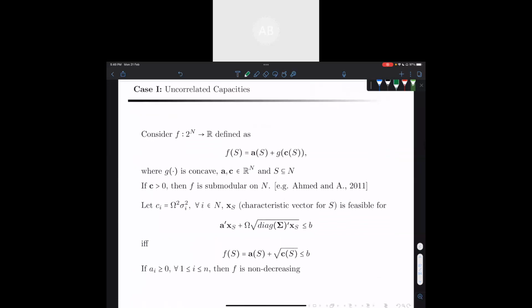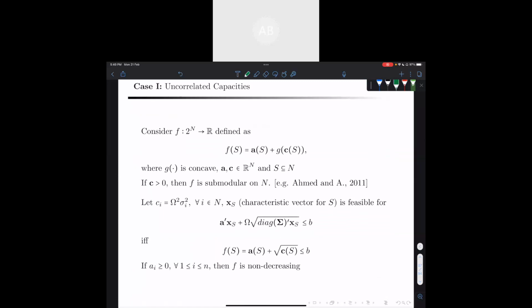So these submodular functions occur fairly naturally. Now here is a good characterization of a submodular function, at least in the form that we need. If a function is defined like this, it's talking about two components. First, when I say a of S, it just means the summation over i in S of a_i x_i. And it's talking about two components in g of c of S, where c of S is similarly defined.